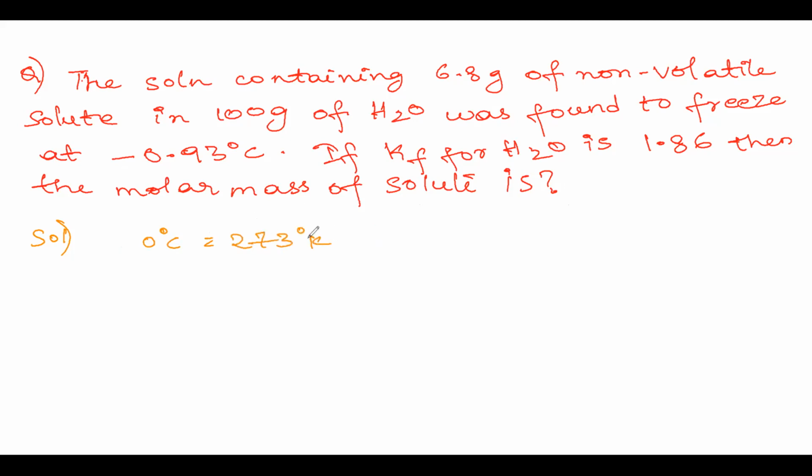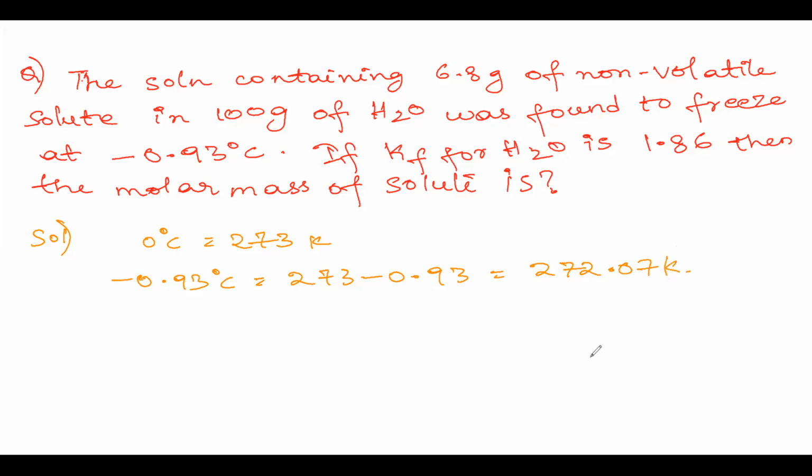For Kelvins, no need to write degree. So minus 0.93 degrees C is 273 minus 0.93, which is equal to 272.07, because whenever you dissolve a non-volatile solute, the freezing point decreases.